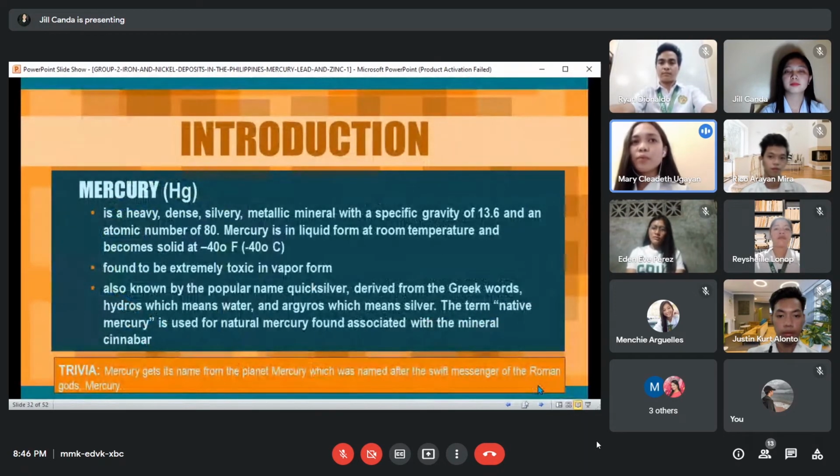So for the introduction, mercury is a heavy, dense, silvery metallic mineral with a specific gravity of 13.6 and an atomic number of 80. And mercury, like what I said a while ago, is in liquid form at room temperature and becomes solid at negative 40 degrees Fahrenheit. So what does this liquid form mean?